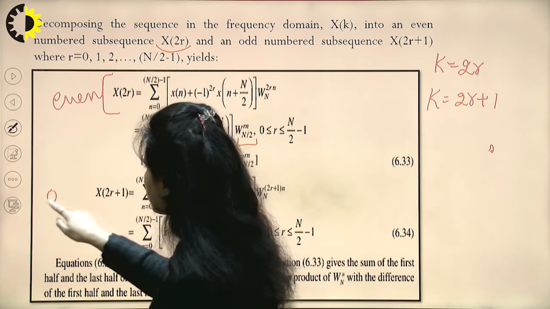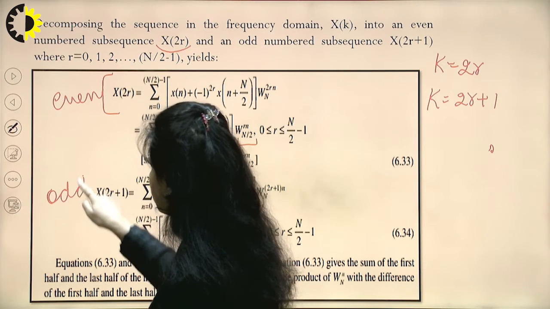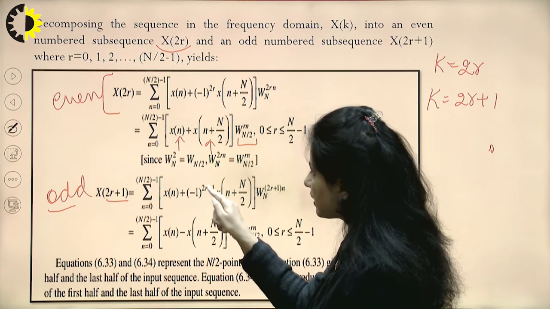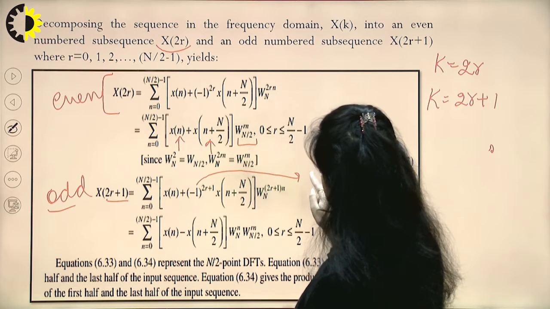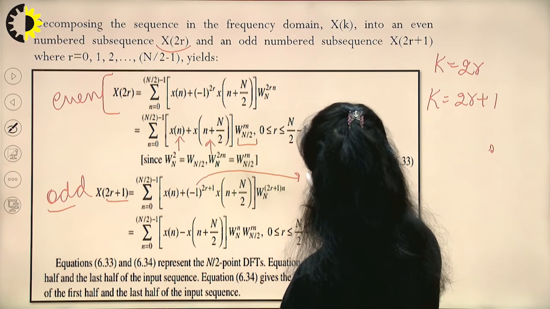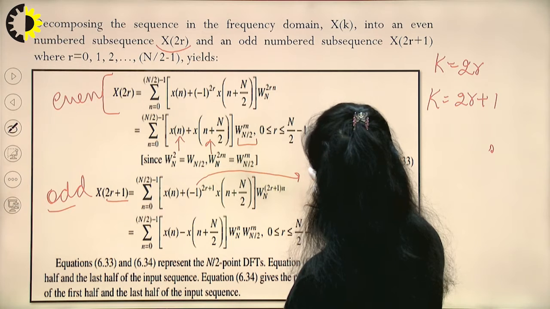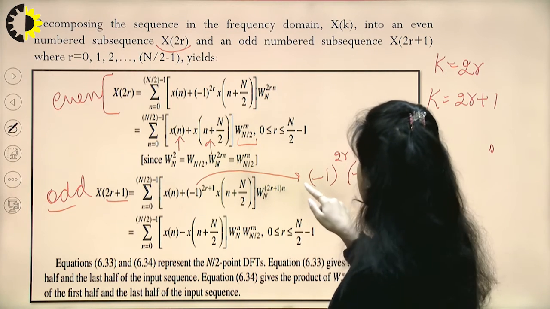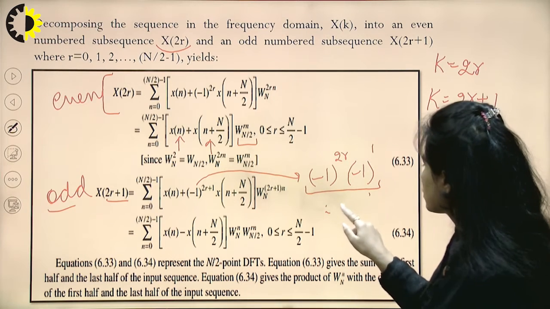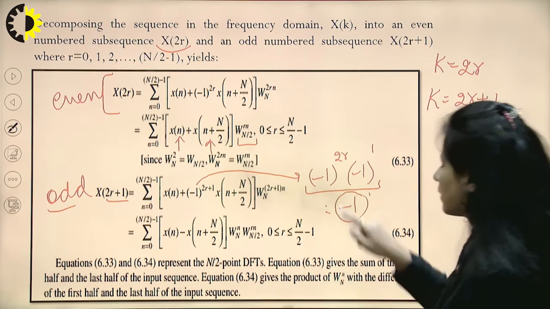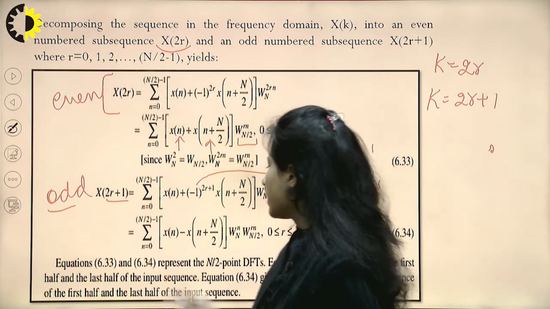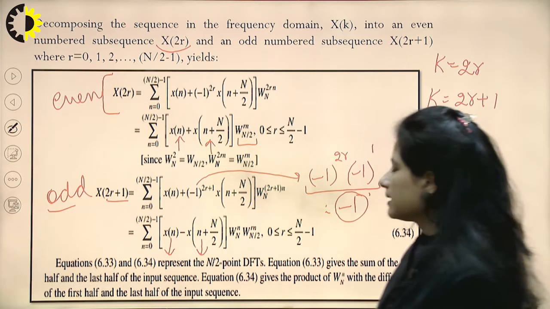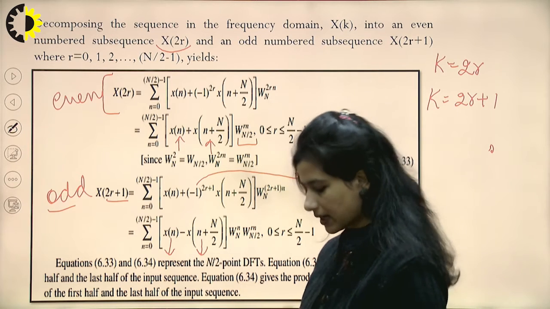But if I solve for k equal to odd, replacing k with 2r plus 1, I see minus 1 raised to the power 2r would be an even positive value, but there is another factor, that is minus 1 raised to the power 1. So ultimately this summation is going to come as minus 1. So if this k is odd, I see that these samples of first part and second part sequence get subtracted.